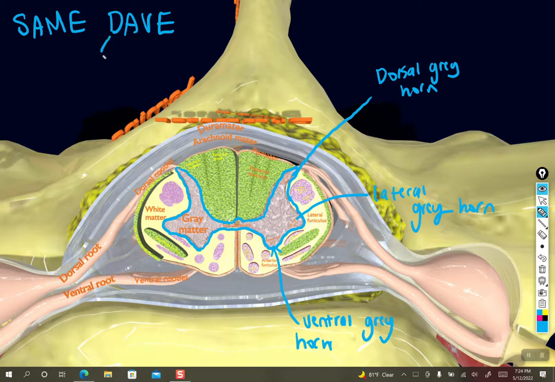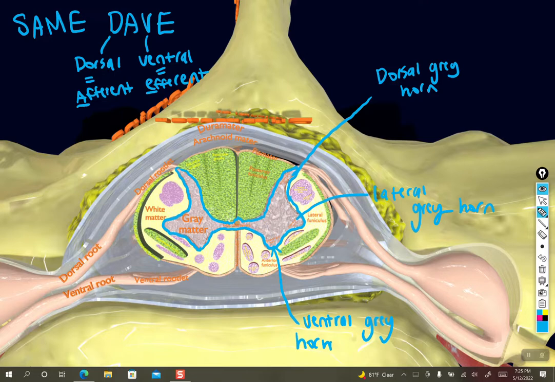So applying to the spinal cord, the dorsal side of the spinal cord contains incoming afferent or sensory information, and the ventral side contains outgoing information or efferent information. So because afferent and efferent basically differ only by one letter, and that's confusing to students, you can help keep them straight using this same DAVE acronym and then apply that to the spinal cord.